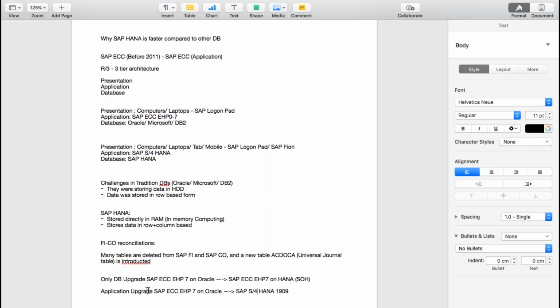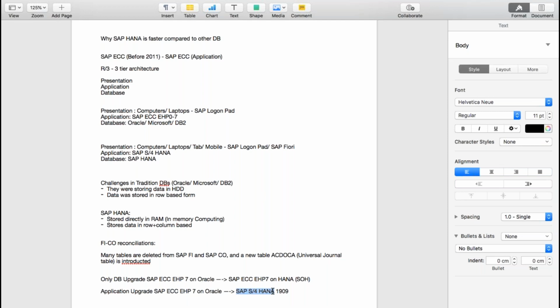For example, if you are using SAP ECC, there are multiple tables, right? Now, when you upgrade to SAP S4HANA, all those old tables will be deleted and the new table ACDOCA will be available here. So upgradation means the same thing: whatever architectural level changes are required will take place when you upgrade the system.